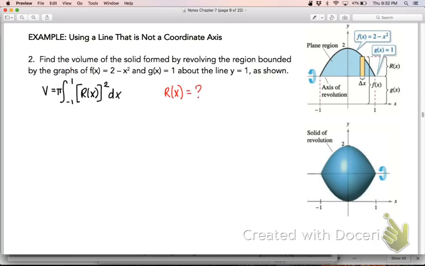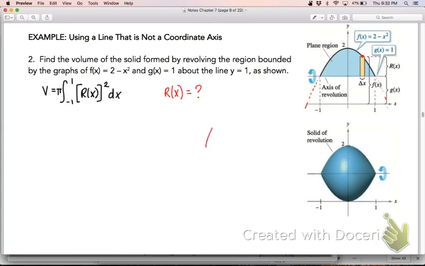So the question we really have to think about is, what is r of x? How are we going to determine the radius? To figure out this point right here, that would be f of x, because that is where we land on the curve. This curve in reality probably keeps going, but this blue region is all that we're worried about. So we want this value here. This is like when we find the area between two curves.